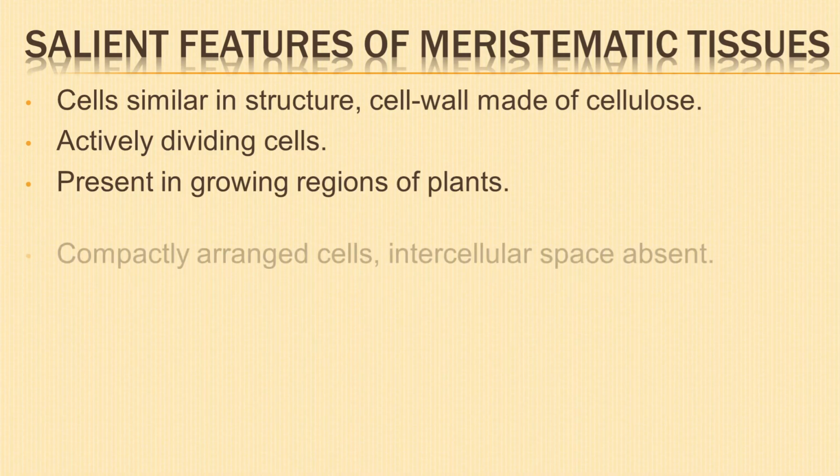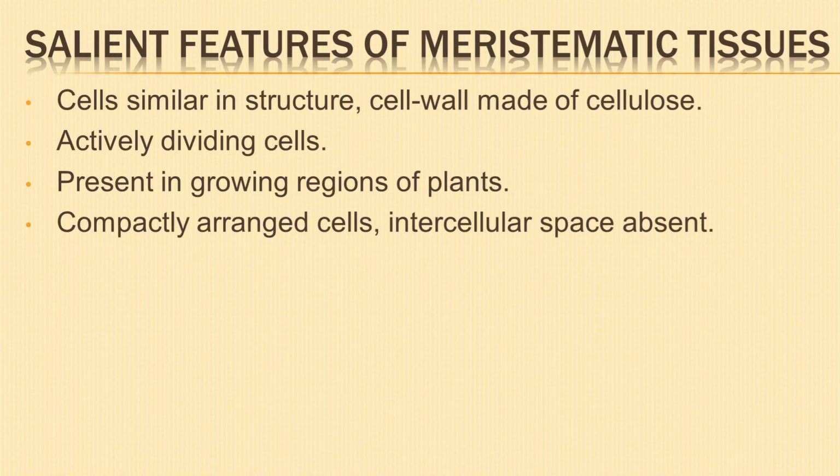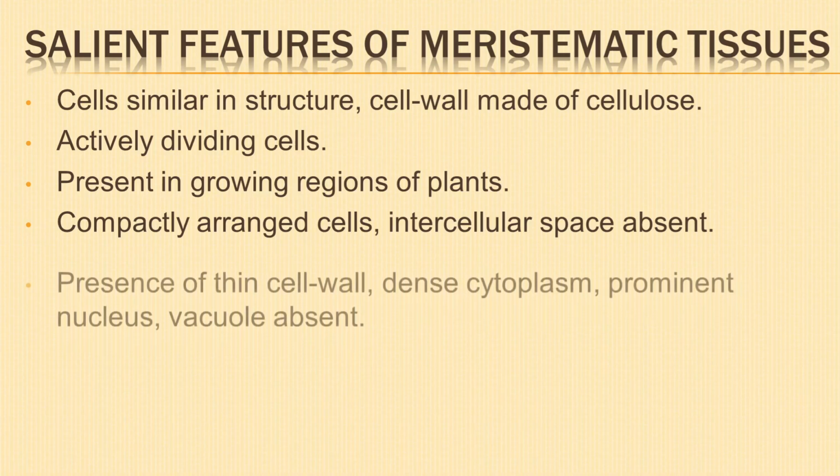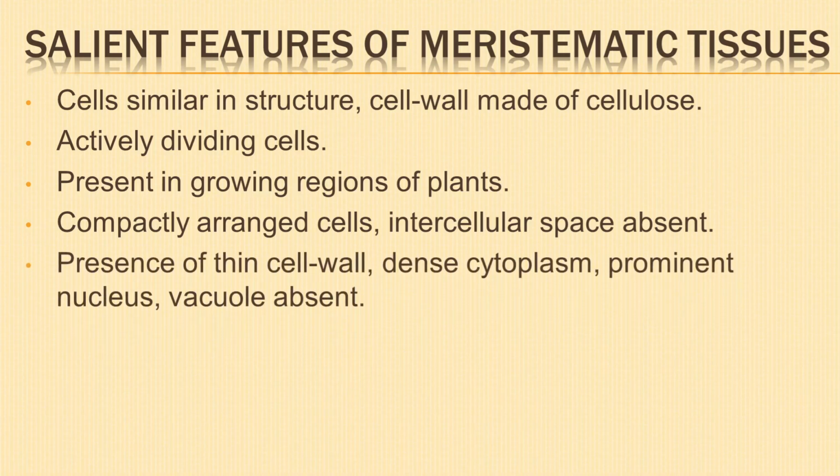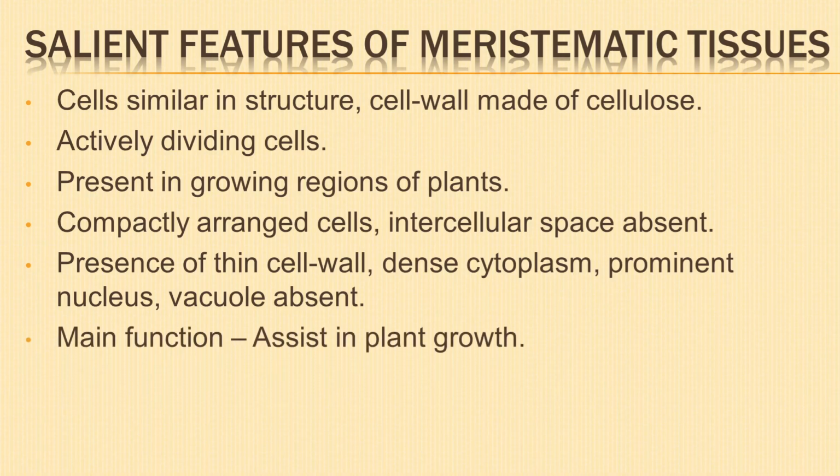They are compactly arranged without intercellular spaces between them. Cells of this tissue have thin cell wall, dense cytoplasm, and prominent nuclei. Vacuoles are generally absent. Main function of meristematic tissue is to form continuously new cells for increasing cell number, length, and the girth of the plant.